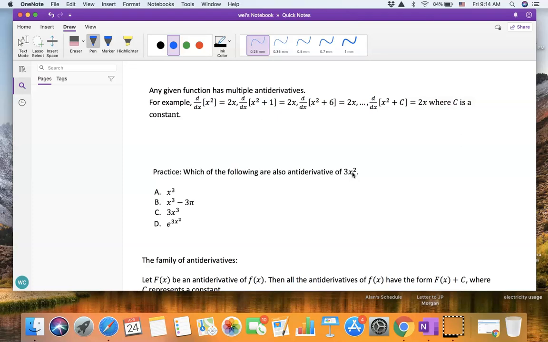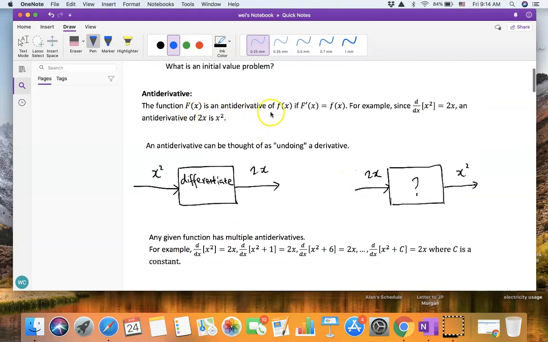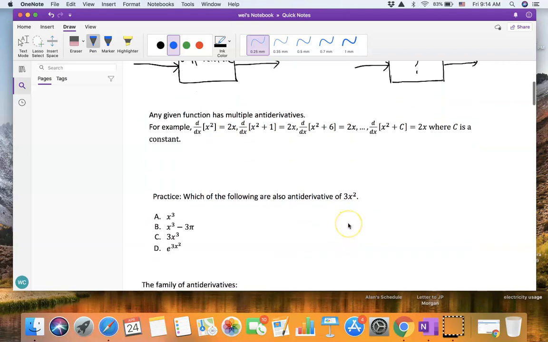To solve this problem, we just want to look at which of the following functions, when we take the derivative of that function, gives 3x squared. If the result is 3x squared, then according to the definition, that function is an antiderivative of 3x squared.